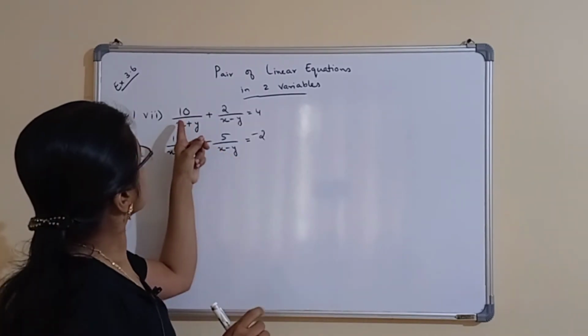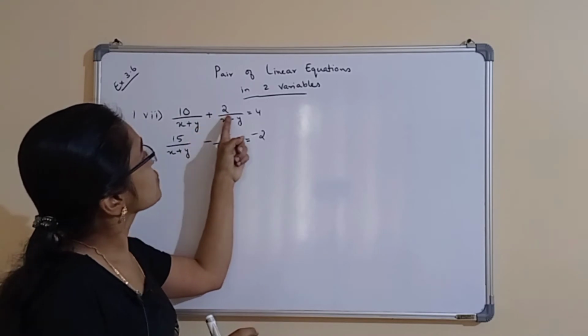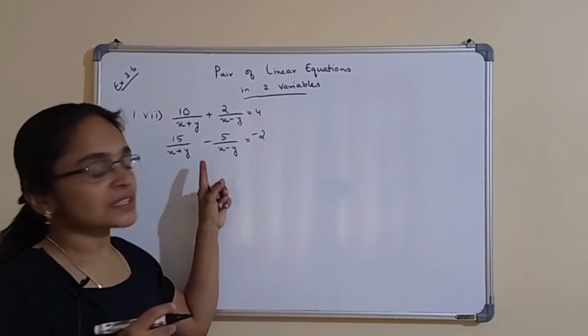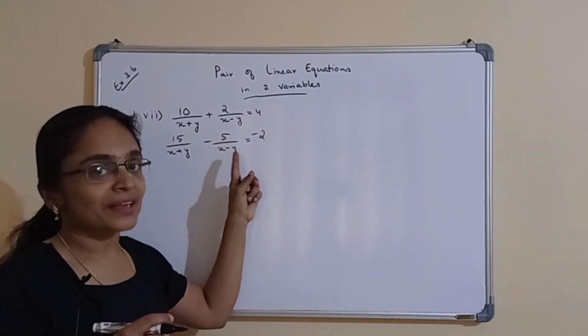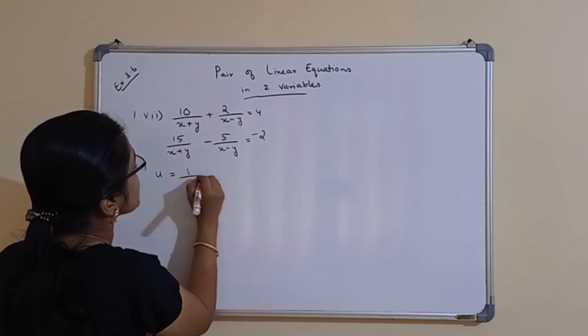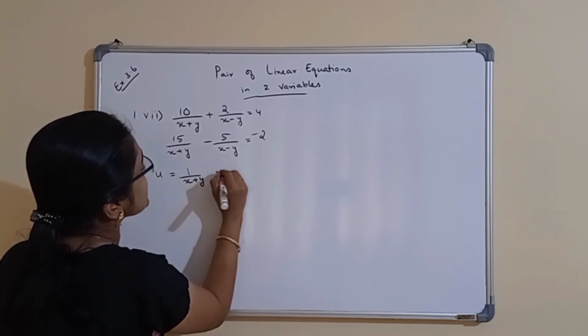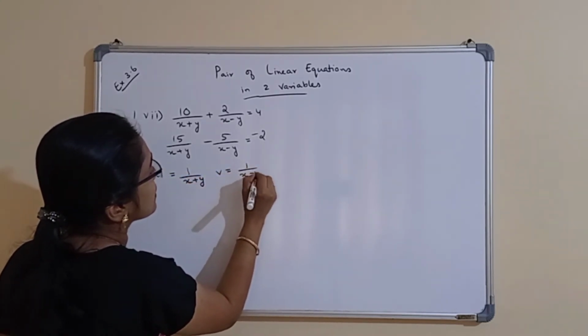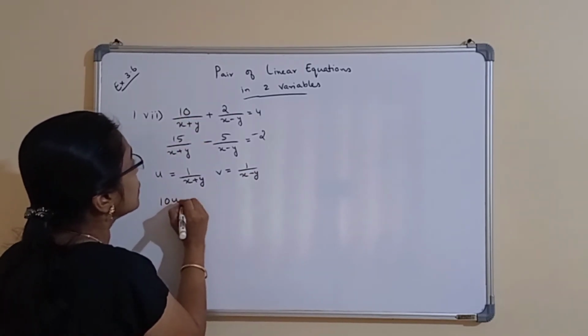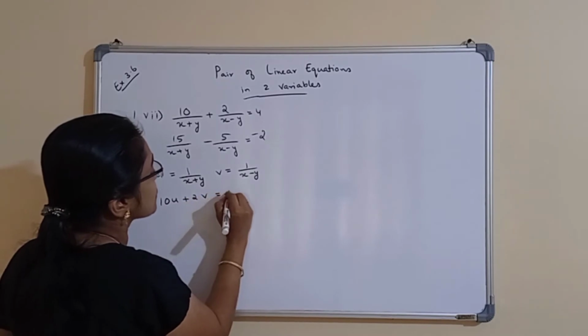Now next one, 10 by x plus y plus 2 by x minus y is equal to 4, and 15 by x plus y minus 5 by x minus y is equal to minus 2. So we can take u as 1 by x plus y and v as 1 by x minus y. Now taking this equation, we will have 10u plus 2v is equal to 4.